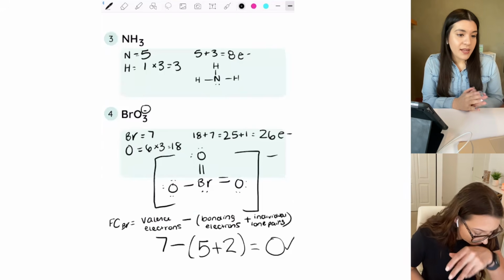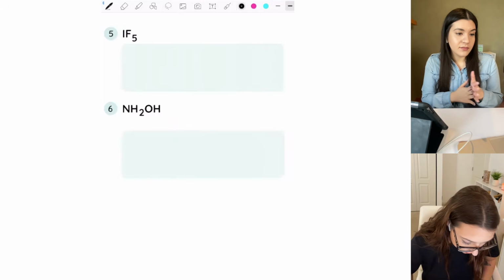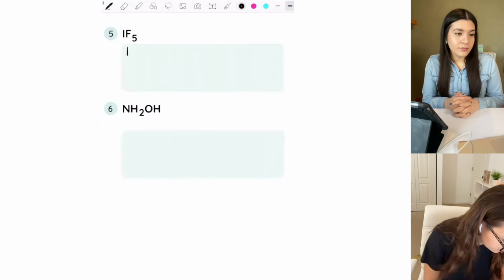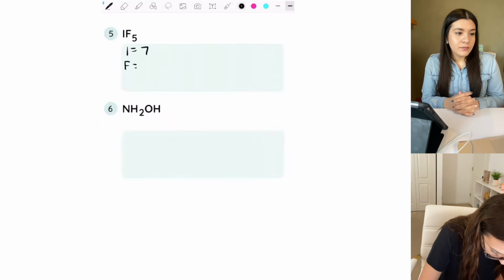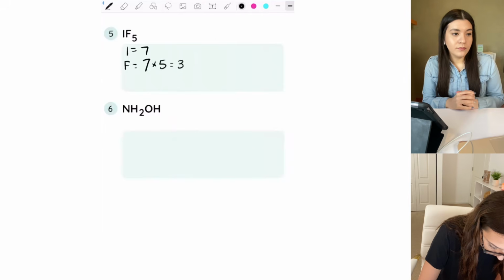Perfect. So then that's complete. That's happy. Let's keep going to the next one. Good. Okay. So we have iodine, which is 7, fluorine, which is also 7, times 5.